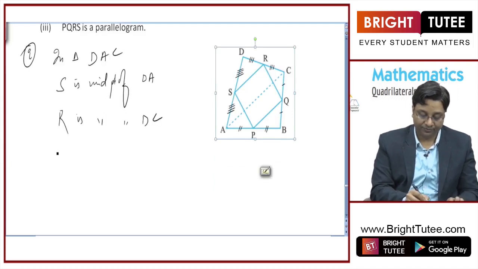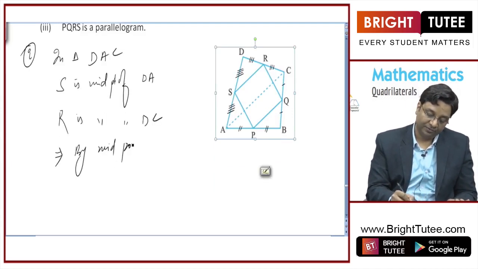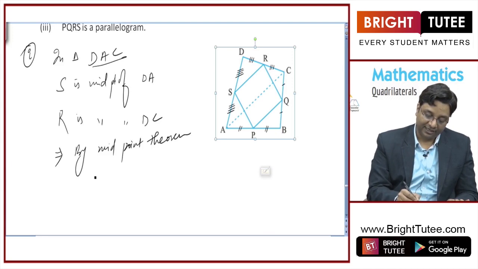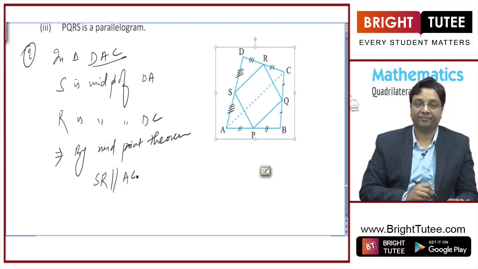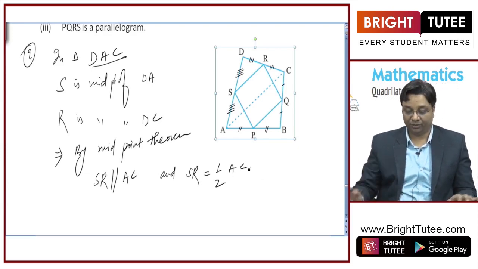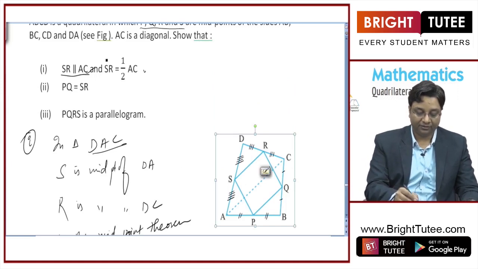So this implies by the midpoint theorem in triangle DAC, I can say SR is parallel to AC. I can also say that SR is half of AC, right, by the midpoint theorem itself. So first part is done.